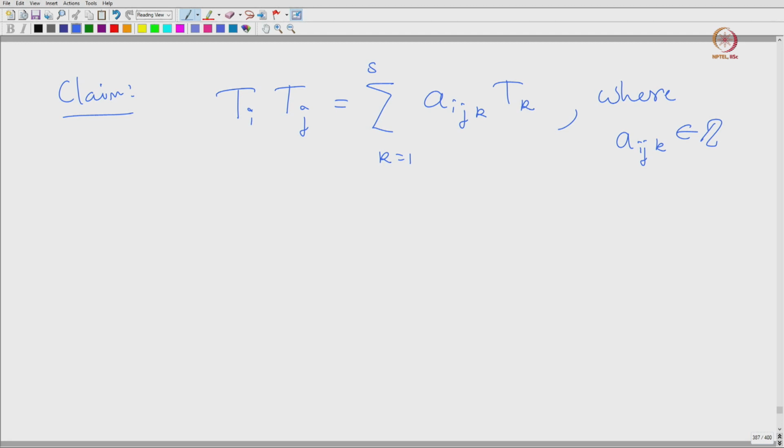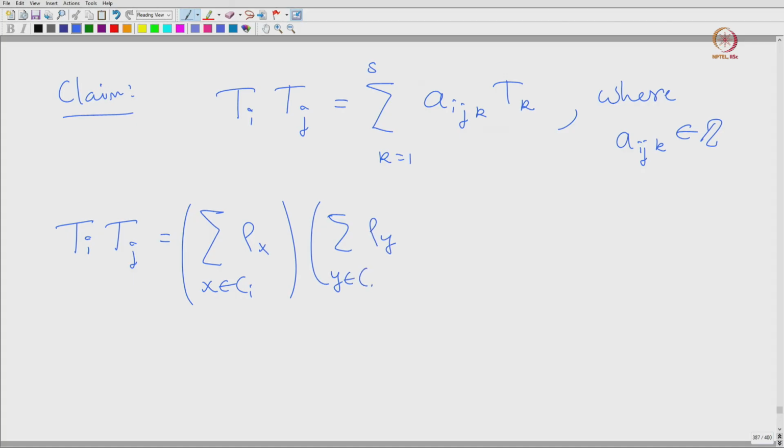Indeed this is kind of a routine calculation. We just simply multiply Ti and Tj and see what happens. We just take Ti Tj, which is exactly equal to summation of rho x, x in Ci, times summation of rho y, y in Cj.